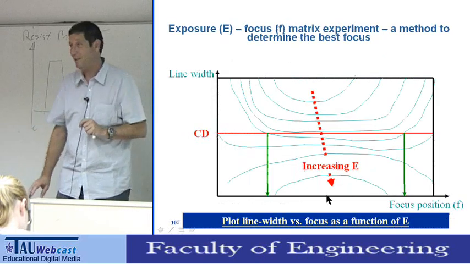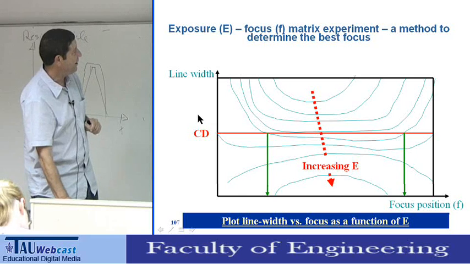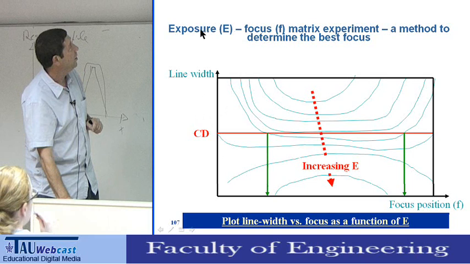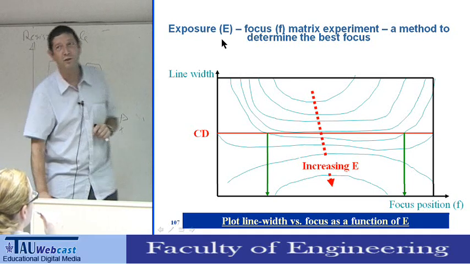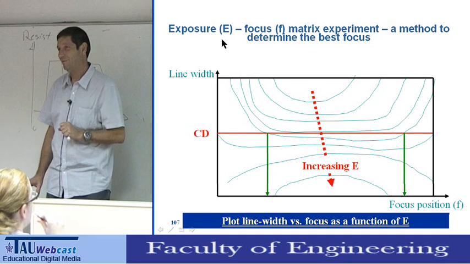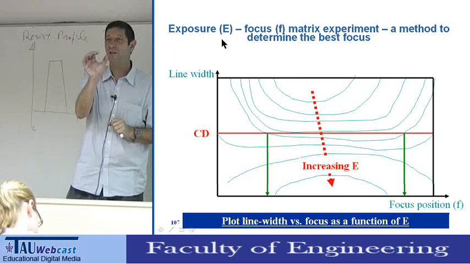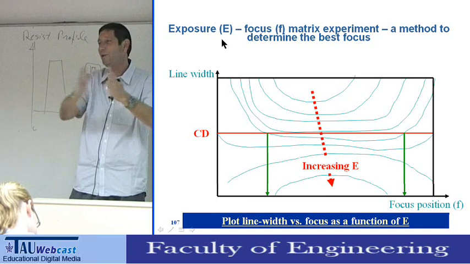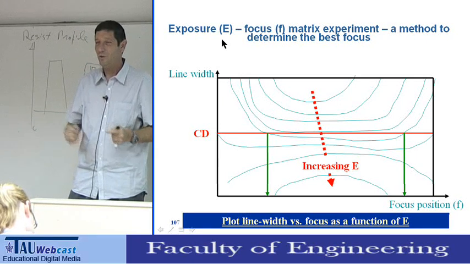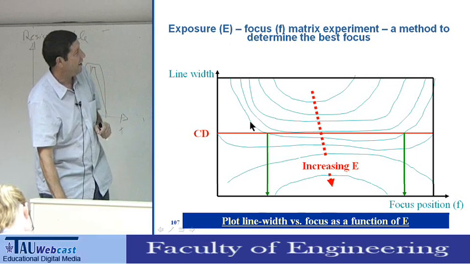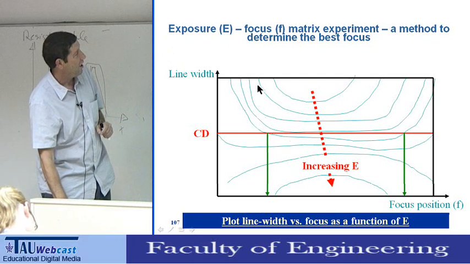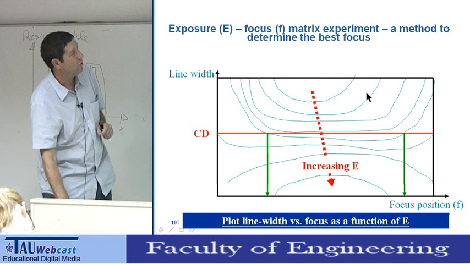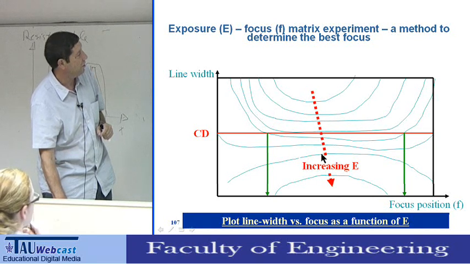Now this is more complicated because the CD, the line width, is a function not only of the dose, it's also a function of the focus. The dose defines the line width, but also the defocus, because if you go out of focus, you destroy the line width. So you can actually plot, let's say this is contours of a constant dose, and this is increasing dose.